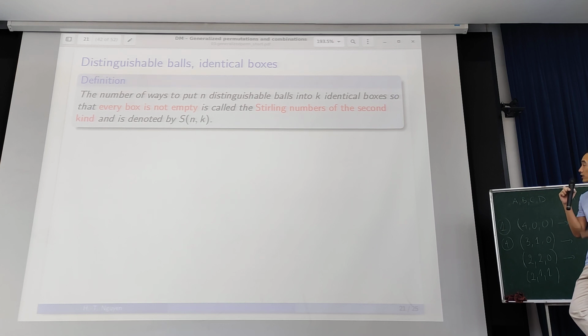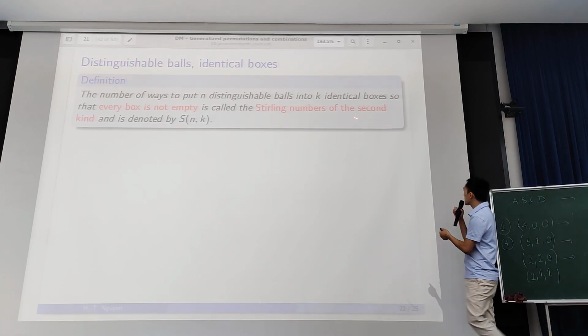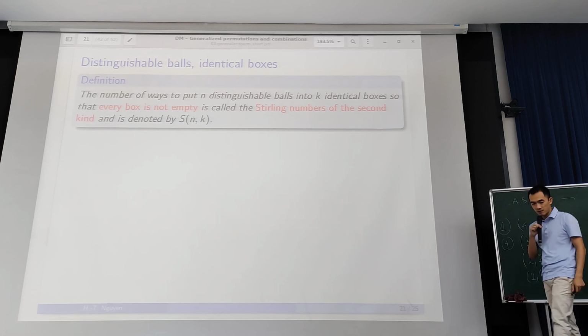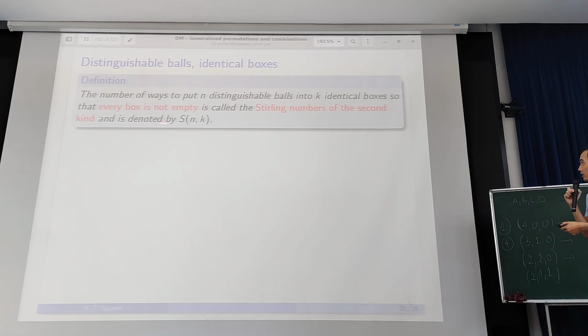It's the same mathematician, and there are several numbers named after him. Since there are different Stirling numbers, we specify the Stirling numbers of the second kind, denoted by S(n,k).